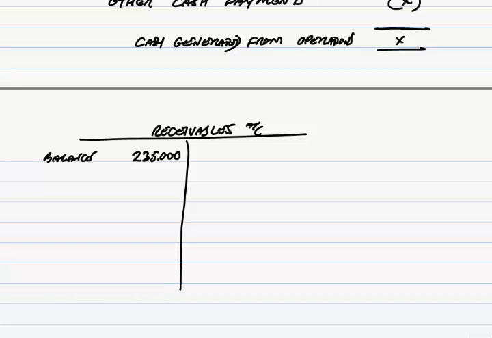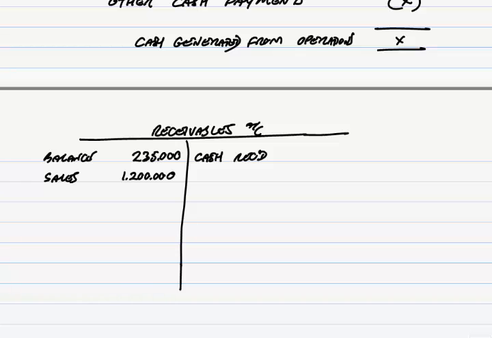Why will that change? Well, during the year, we'll make sales. Any sales on credit? Debit receivables, credit sales, and here it was 1.2 million from the income statement. Why else will it change? Well, of course, we'll have had cash received, debit cash, credit receivables, and that's the figure we're trying to find.